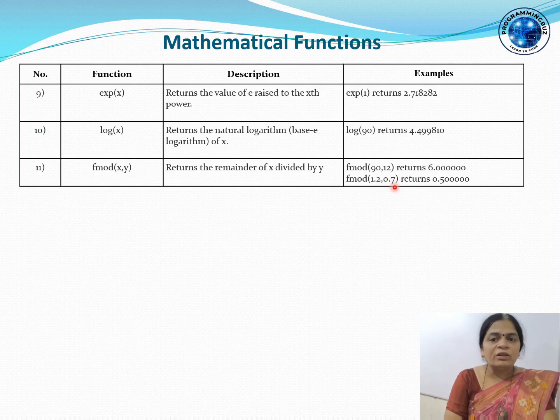Whatever the remainder of 1.2 divided by 0.7 is, after dividing these two numbers the remainder that will be there is 0.5. Hence fmod of 1.2 comma 0.7 is equal to 0.5.